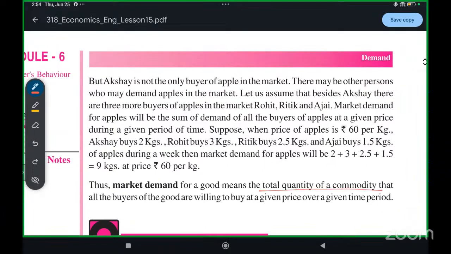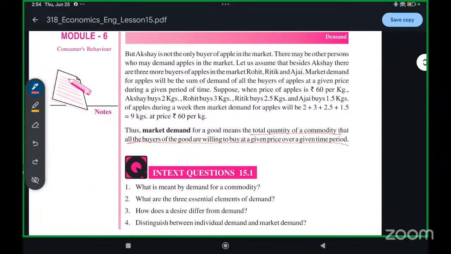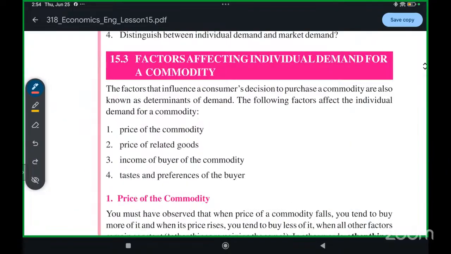Total quantity of a commodity that all the buyers are willing to buy is market demand. Then we studied the factors affecting individual demand: price of the commodity, price of related goods, income of the buyer, and taste and preferences of the buyer.